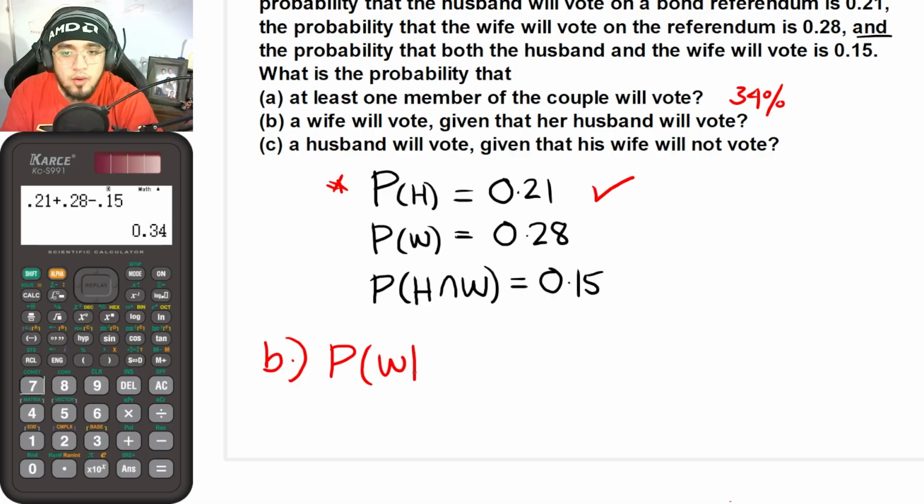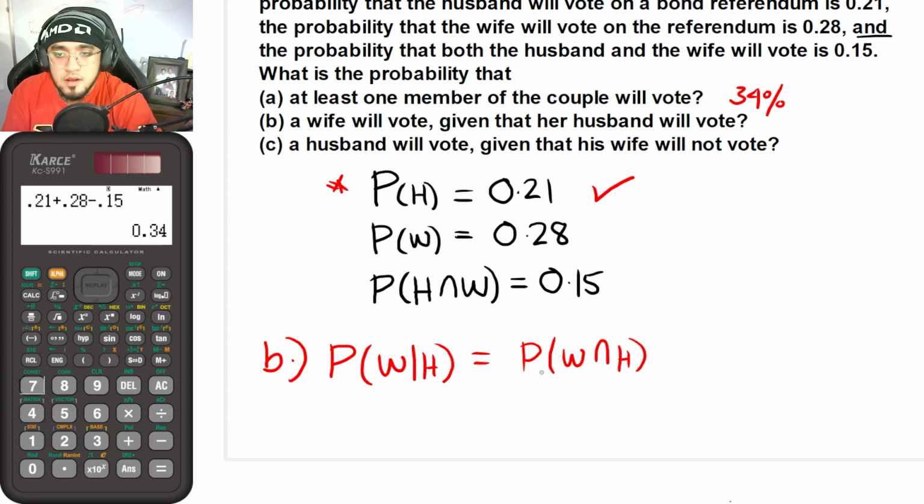That is now our formula, or our condition. This is equal to the probability of their intersection divided by the probability of the condition.